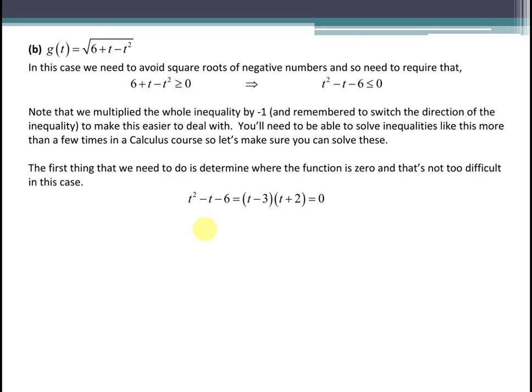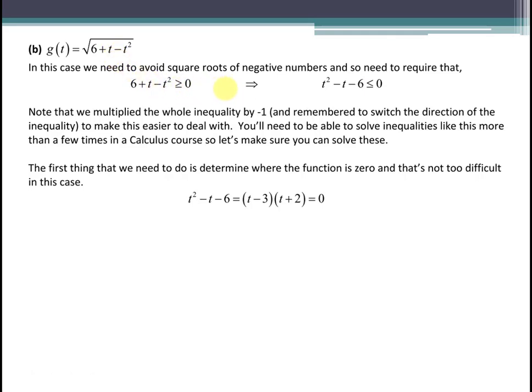B1, g of t is equal to square root of 6 plus t minus t squared. In this case, we need to avoid square roots of negative numbers, so we need to require that it's always greater than or equal to 0.